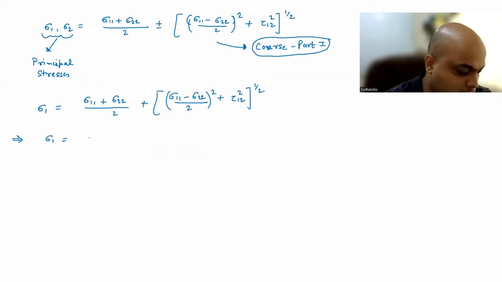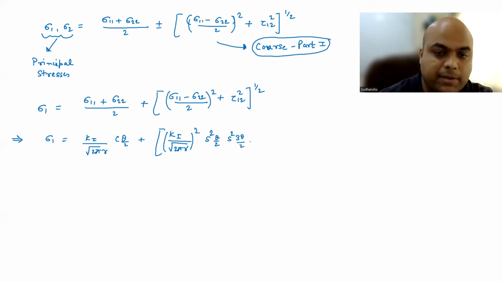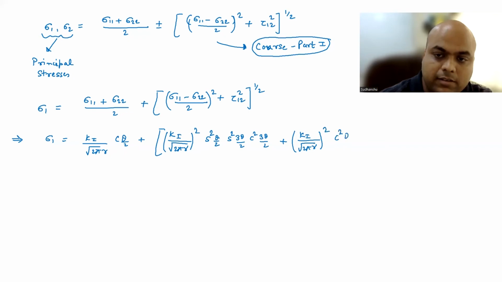So sigma 1 equal to, you can write this as k1 divided by root 2 pi r c theta by 2 plus this whole term will be k1 root 2 pi r square s square theta by 2 s square 3 theta by 2 c square 3 theta by 2 plus k1 root 2 pi r square and then c square theta by 2 s square theta by 2 and c square 3 theta by 2.